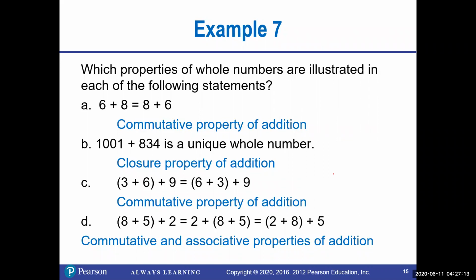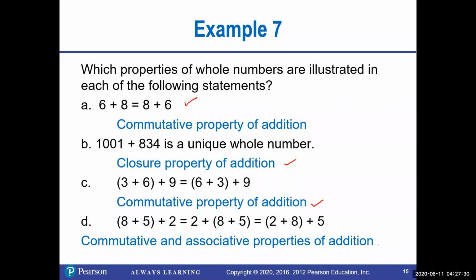Now, which properties of whole numbers are illustrated in each of the following? So here we have commutative, and here we have closure of addition, and here we have commutative property.